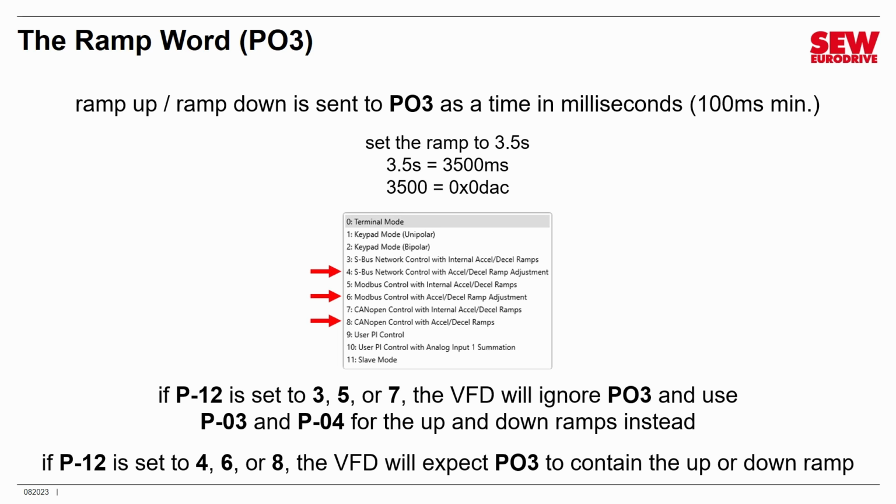But if you set P12 to 4, 6, or 8, the VFD will expect the ramp in P03. So if you want to use parameter-based ramps, set the VFD mode to 3, 5, or 7. If you want to use P03, which is more flexible, use 4, 6, or 8. If you are in mode 3, 5, or 7 and you send a P03 value, it will just be ignored.